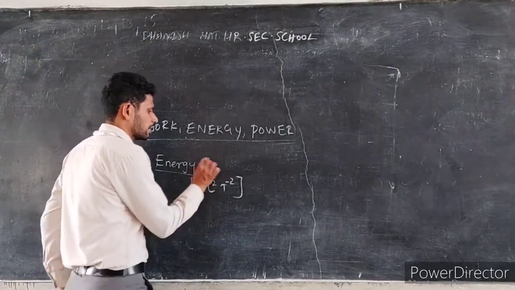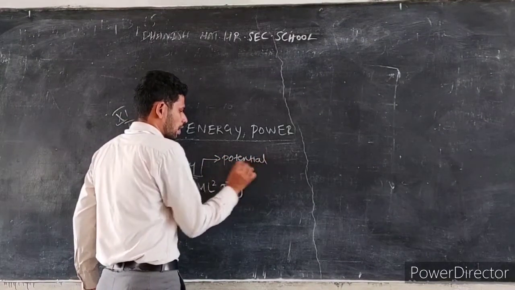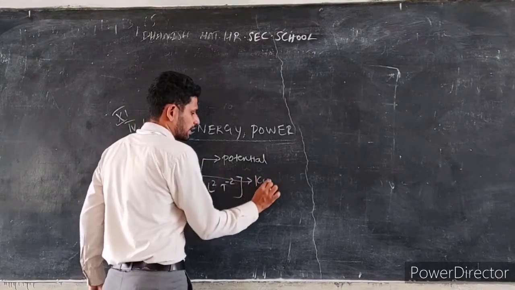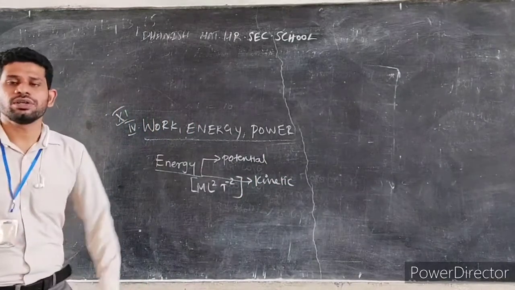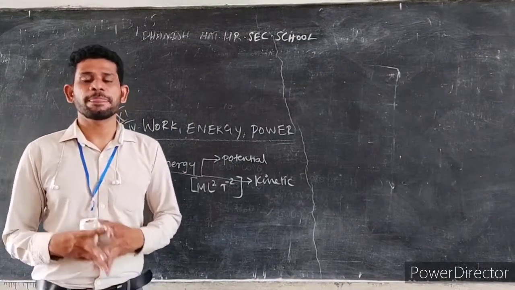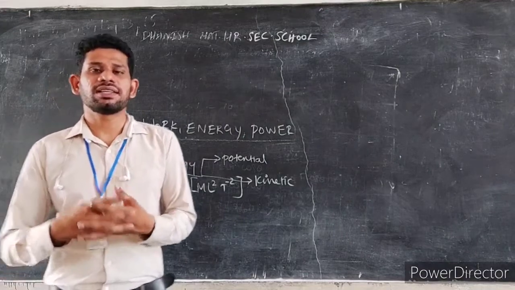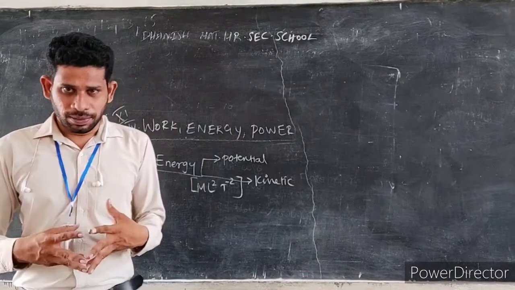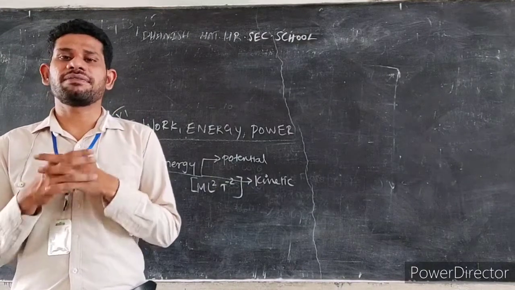There are two types of energies. The first one we call potential energy, and the second one we call kinetic energy. What is meant by potential energy? Potential energy is the energy an object possesses in the virtual state of rest.